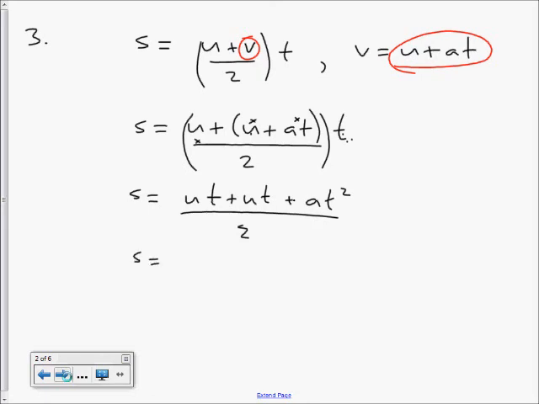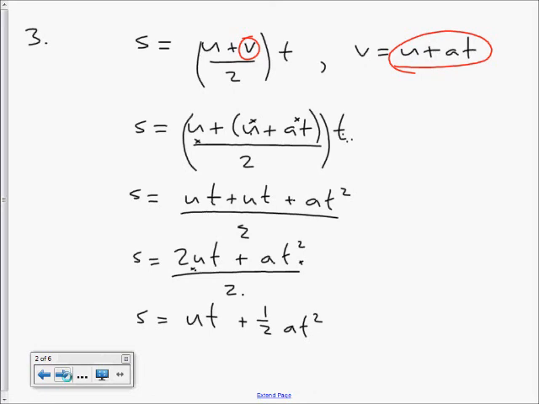So s equals (2ut plus at squared), all divided by 2. And then if we divide the 2 into each of the two terms on the top line, 2ut divided by 2 becomes ut. And at squared over here divided by 2 becomes a half at squared.